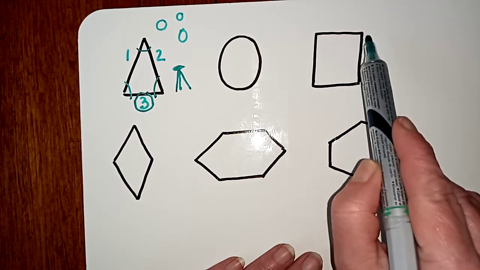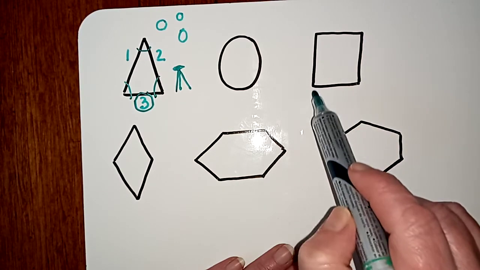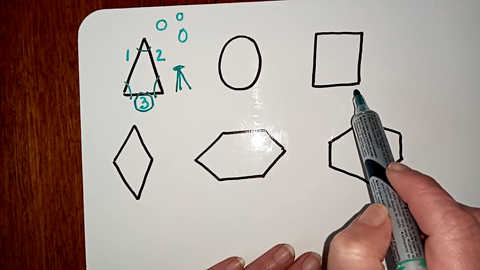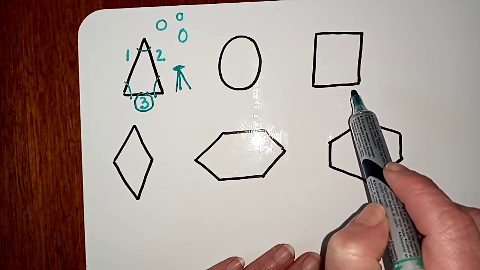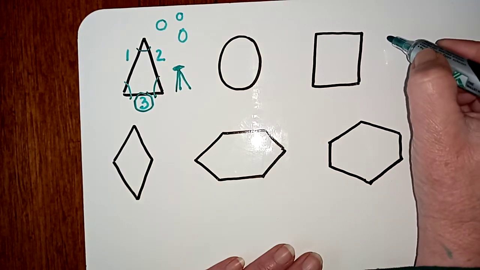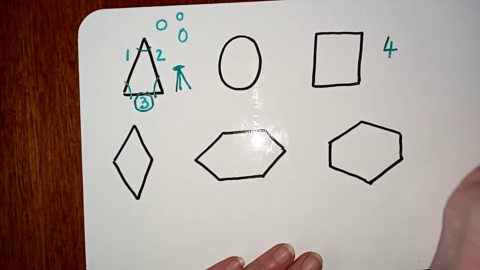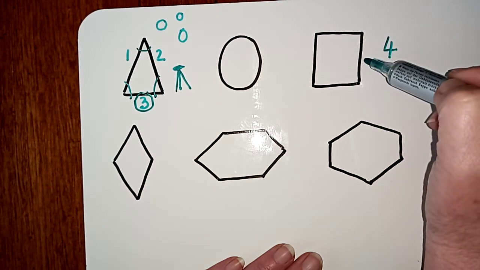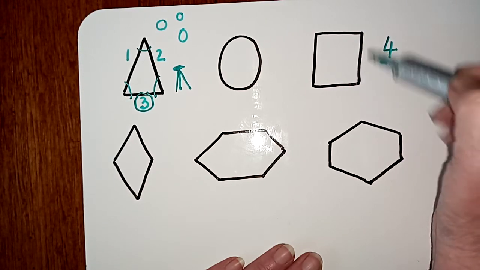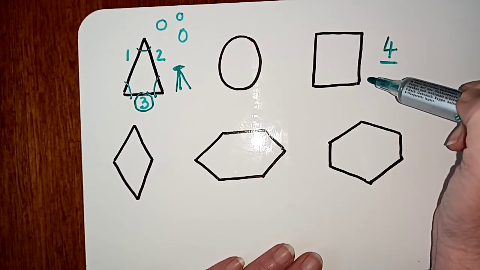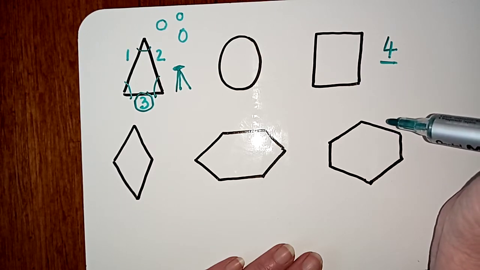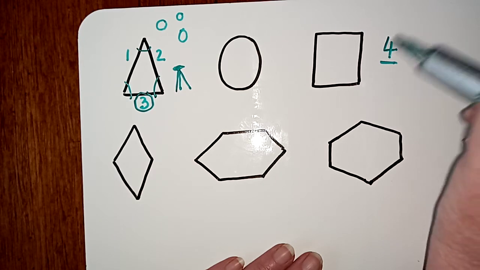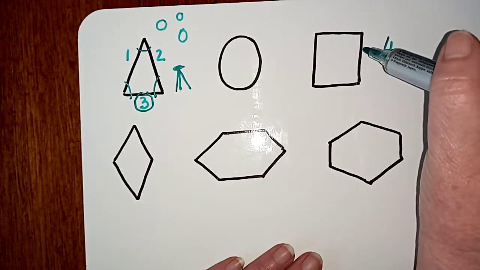A quad bike has how many wheels? 4 wheels. And we know this shape that has 4 equal sides is called a square. But the quad that we speak about outside the computer room is a square.